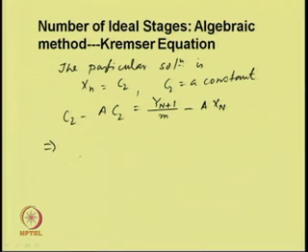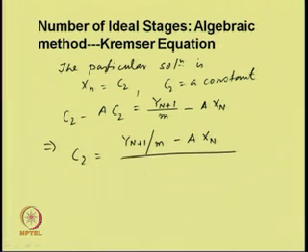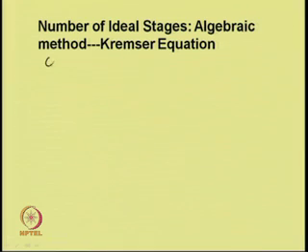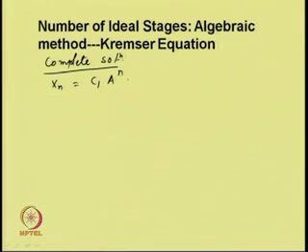So, from this we can obtain C 2 will be equal to y n plus 1 divided by m minus A x n divided by 1 minus A. So, the complete solution we can write x n will be equal to C 1 A to the power n plus y n plus 1 divided by m minus A x n divided by 1 minus A.